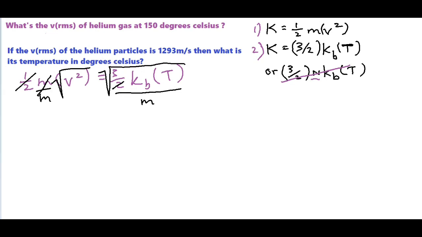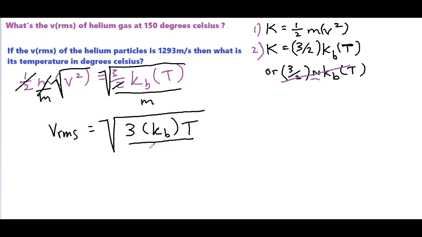And then we have our solution isolated. So we have our root mean square velocity equal to the square root of 3 times kb times t all over m.